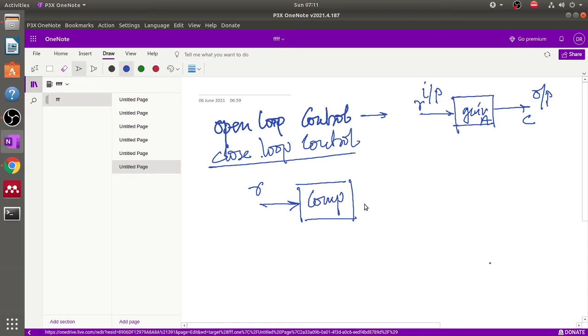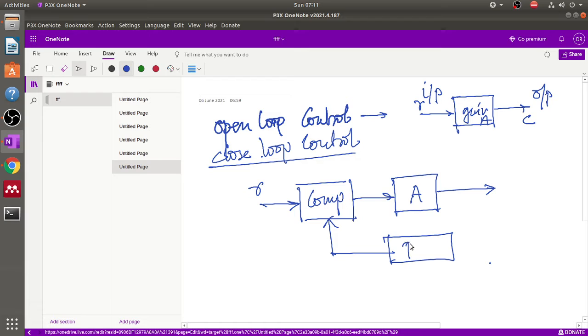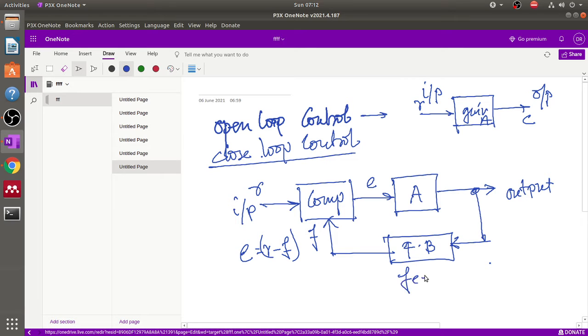Then here the gain is A, and this is a feedback network F, that is the feedback network, and feedback is connected through the output network, and this is the output. This is an error signal, and let's say this is a feedback signal F, and this error signal is basically R minus F. So this is the input, this is the output, and this is the feedback network.